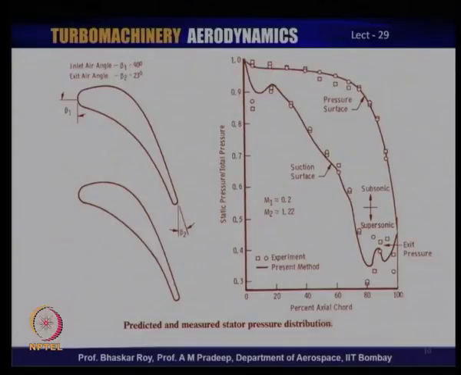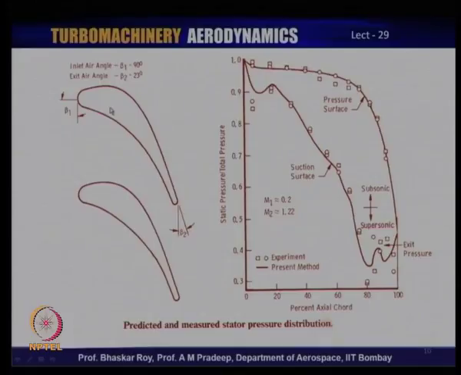This is what is typically done for a stator. Typically, the profile needs to be decided or designed in a cascade form. You do not decide an aerofoil form, it is in a cascade form with all those spacing and other parameters in place. Only then do you know the CP distribution.